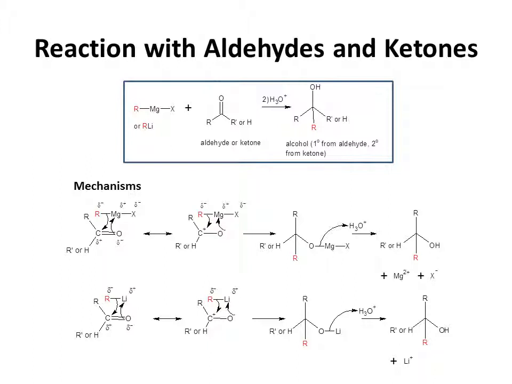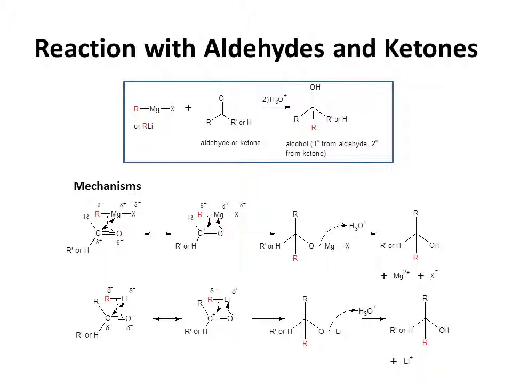So looking at the mechanisms of this reaction, you see that the Grignard again does the same thing it did before. It lines up with C double bond O. You can draw a resonance and note that the partially negative R group will now transfer to the positive carbon, and the magnesium ion will transfer to the O minus, giving you the salt, which we would then, in the second step, decompose with dilute acid to form our alcohol, releasing magnesium ion and our halide.